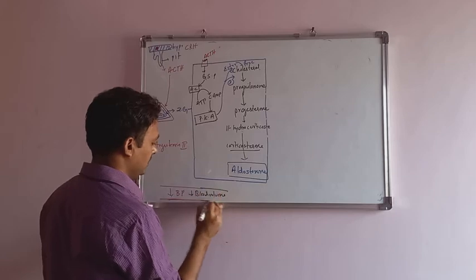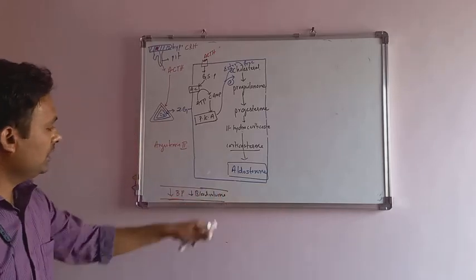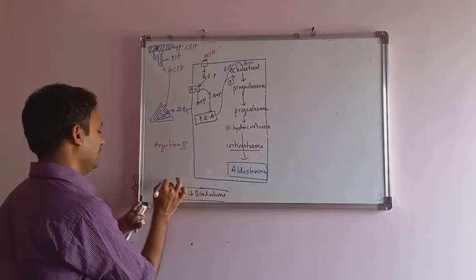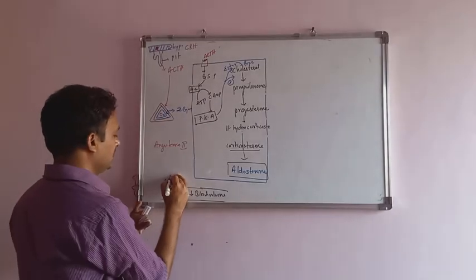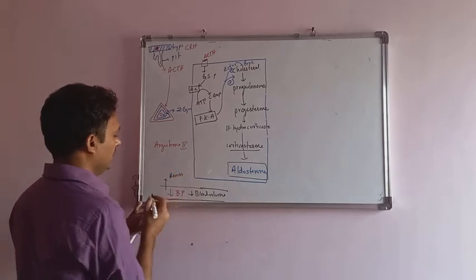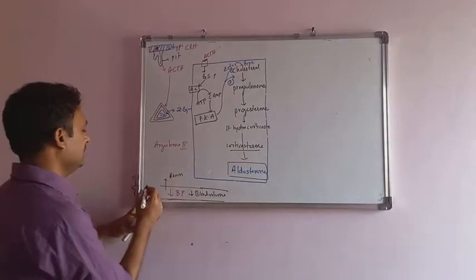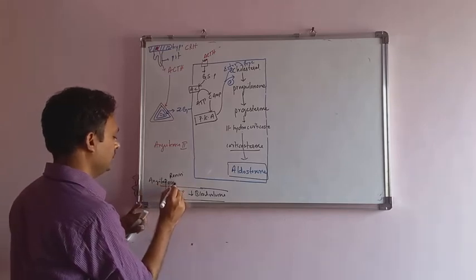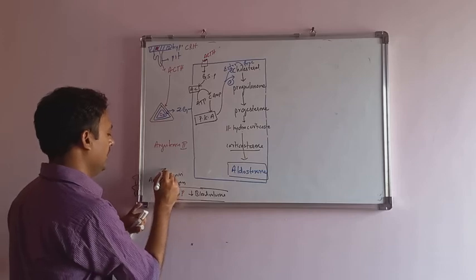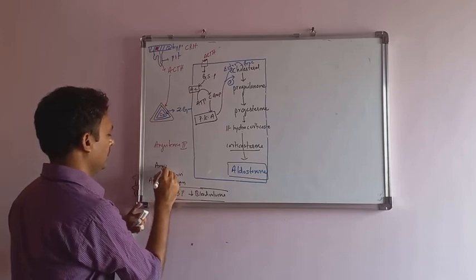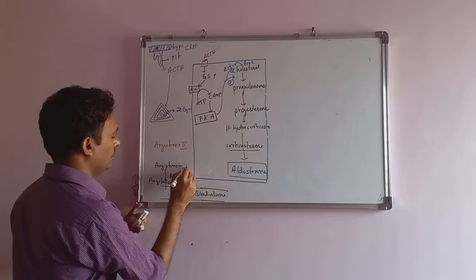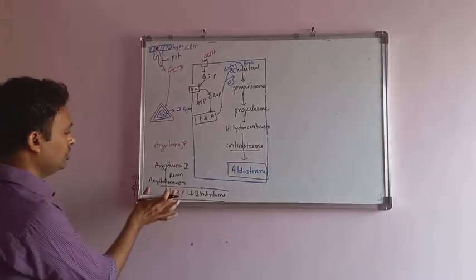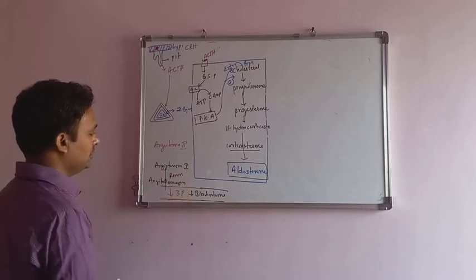Whenever the BP goes down or the blood volume is low, a stimulus is given for the secretion of renin, where the renin will help in the conversion of angiotensinogen into angiotensin 1.